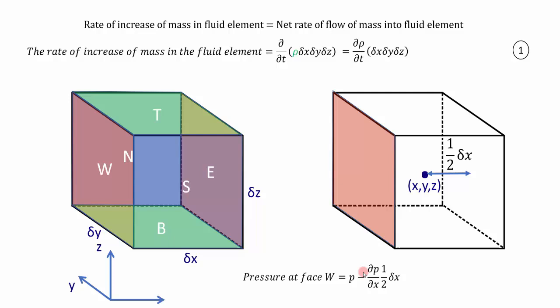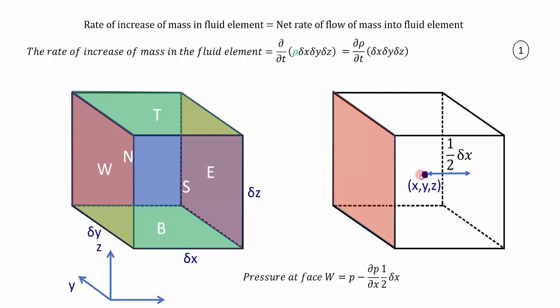And this is the west wall. The pressure at the center of this element is taken as P. There will be a change in pressure with respect to the x-axis. That's why we have written dou P by dou x, which denotes the change in pressure with respect to x. To what extent?